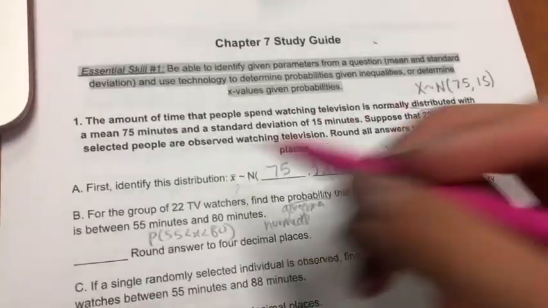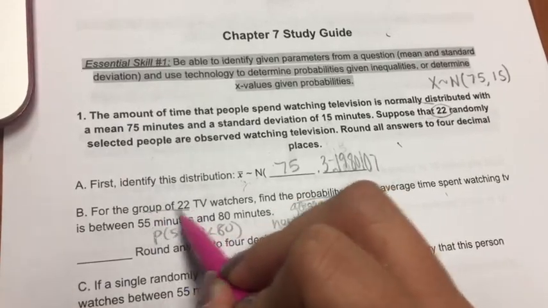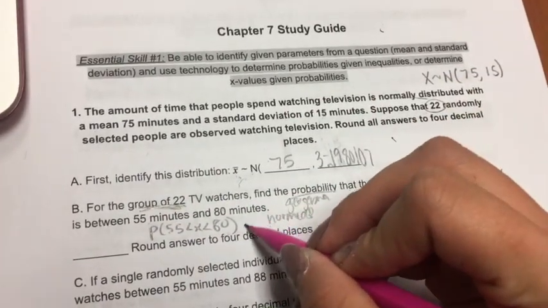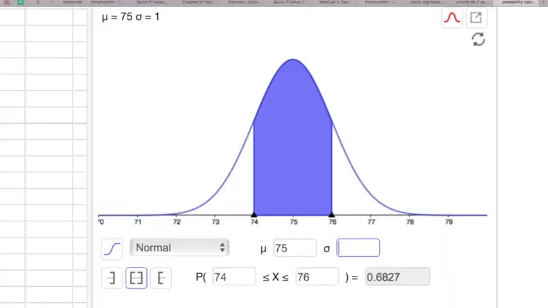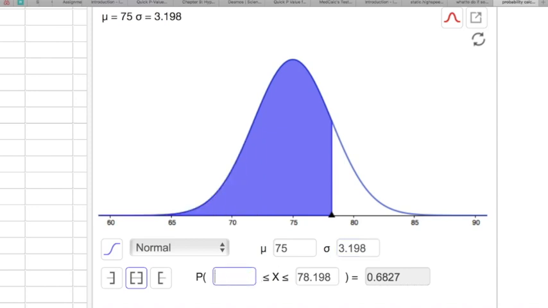Since they want to find this probability for the group of 22, you're going to be using this mean and this standard deviation. My mean is 75, and my new standard deviation is 3.1980. Since you want to find the probability that's in between 55 and 80, you just use the middle part. You put your numbers in and then press enter. And so your probability is going to be 0.941, just like that.